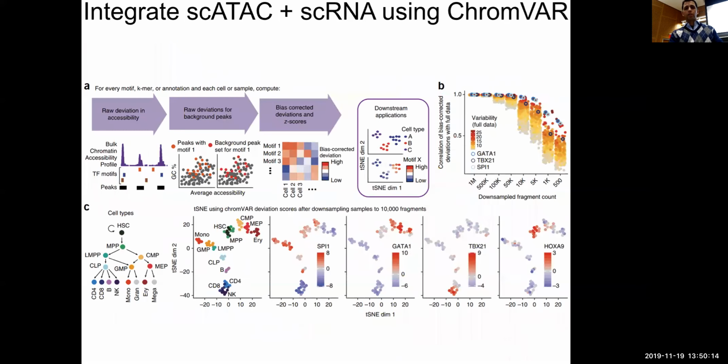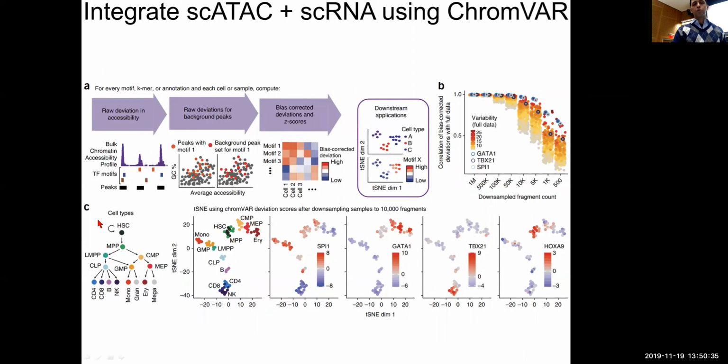Through their targets. And you can combine the single cell ATAC with single cell RNA by asking how does the transcription of that factor vary across cells, and how does the inferred target activity of that same transcription factor vary across cells.